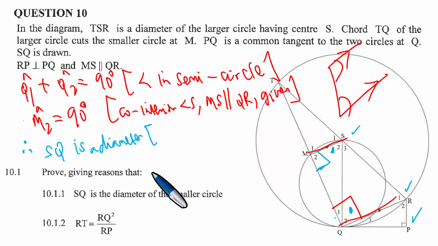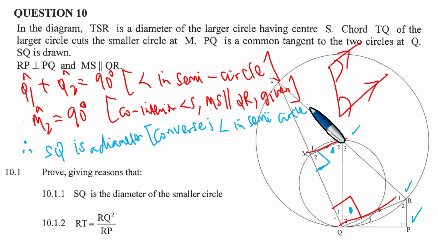The reason is the converse of the angle in a semicircle theorem. And therefore, we are sure that the chord SQ is the diameter of the smaller circle. We are very sure of this.